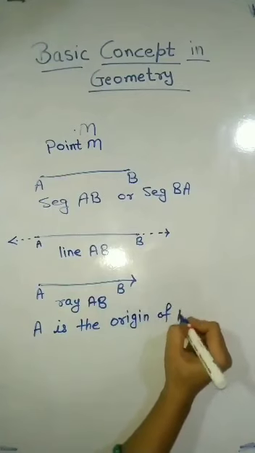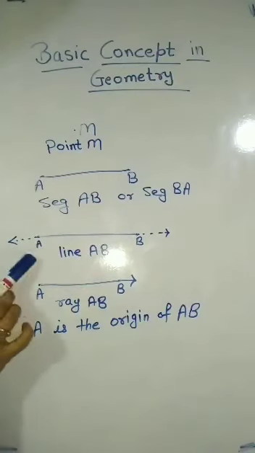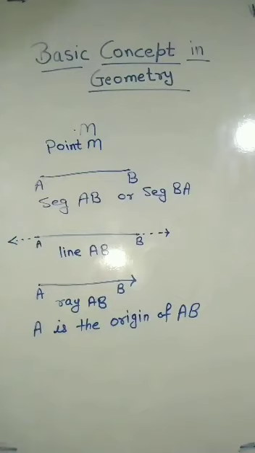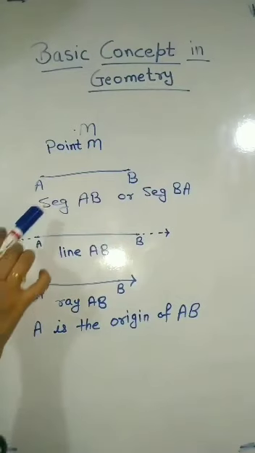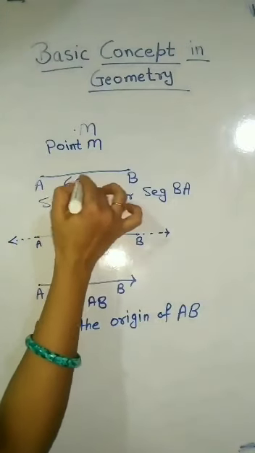Okay, now see here, the first is point, the second is segment, the third is line, and the fourth is a ray. If we discuss the segment, we can measure a segment, means it has a definite length. If I draw a length of 6 centimeters, then we will draw it 6 centimeters.